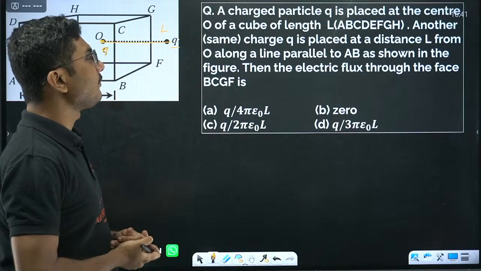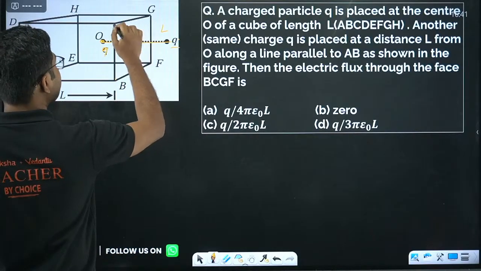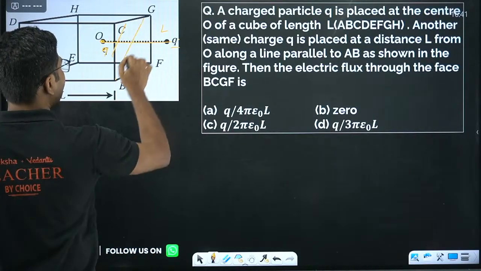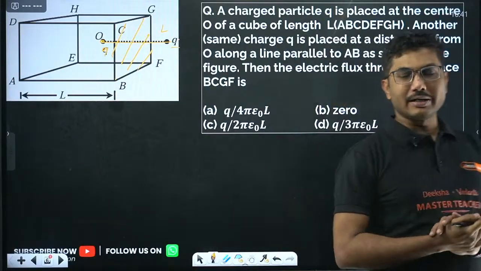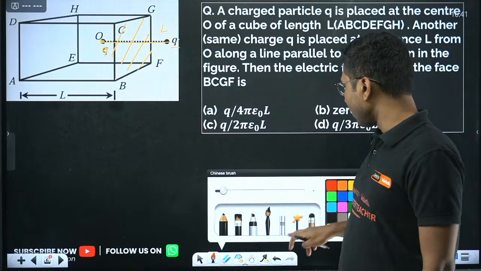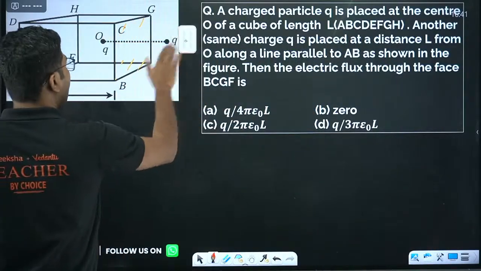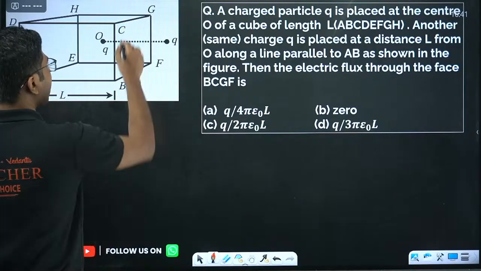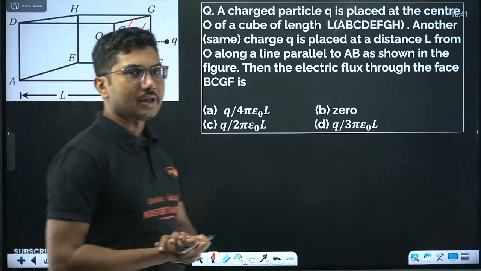Then what is the electric flux through the face BGCF? Now you might feel that this looks like a Gauss's theorem based question, and Gauss's theorem is not yet taught in this class. We will teach that, but how to solve it? Don't worry, this is not a Gauss's theorem based question. This is a very simple electric flux related question.